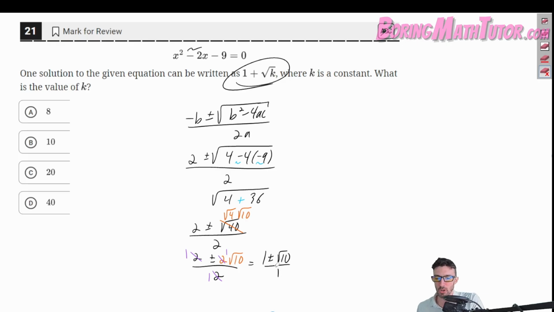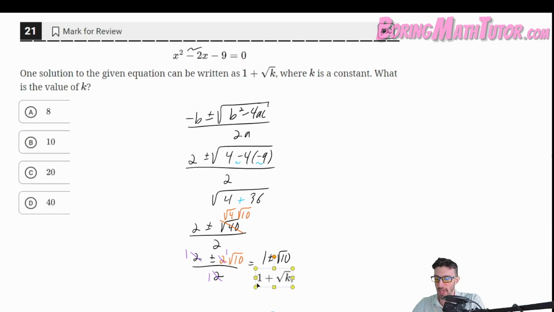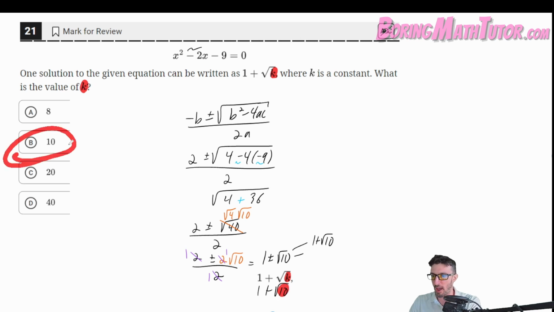But here's the thing. We don't need to put over 1. And now we're matching this up with 1 plus root k. Well, clearly, one of the possible solutions there is 1 plus root 10. And if we're matching up 1 plus root 10 with 1 plus root k, what do you think k's got to be? I'll let you think about it.